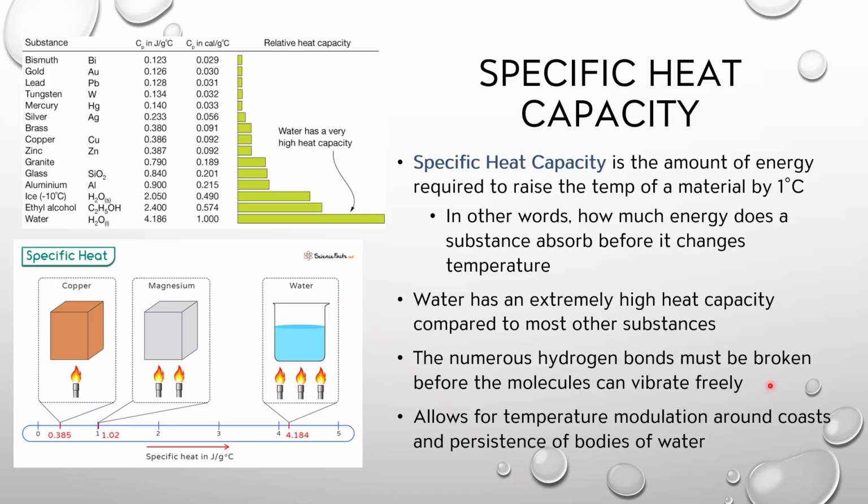Now, this you might think is just annoying because in our daily life, all we really care about is making sure we can cook our top ramen as fast as we can. But in the end, this is actually really important for life because we're constantly having solar radiation input and the sun is really hot. And if everything around us were to constantly switch and shift temperatures as quickly as metals do, life couldn't exist.